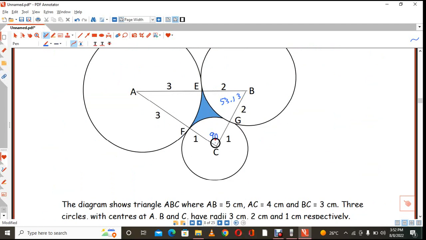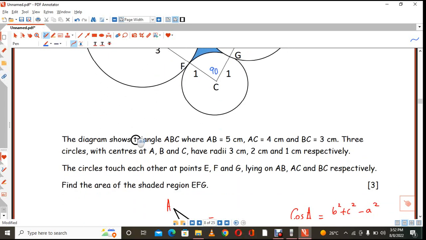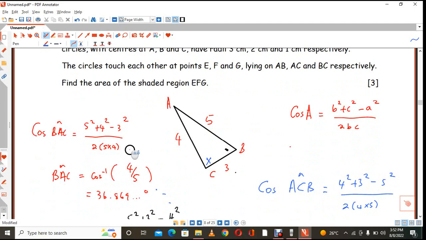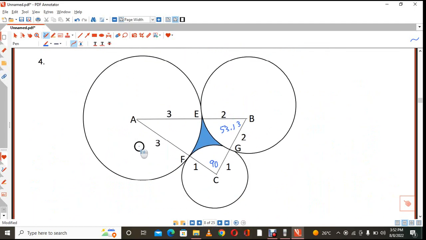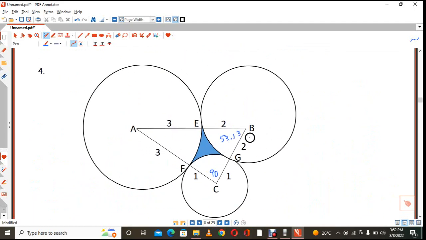This is 90 degrees. Angle A right up there, we have calculated that angle to be 36.87. So we can actually find the area of the sector.